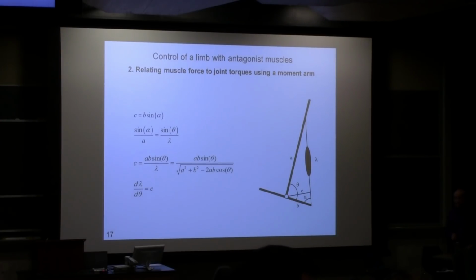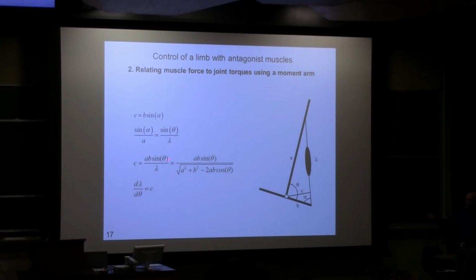Let me show you why that's the same thing as this principle of work that I showed you. So C, this length here, is B times sine of alpha. Here's alpha, here's B, and this is C. That's just geometry, a trigonometric function relating the sine of alpha to the height and the hypotenuse.